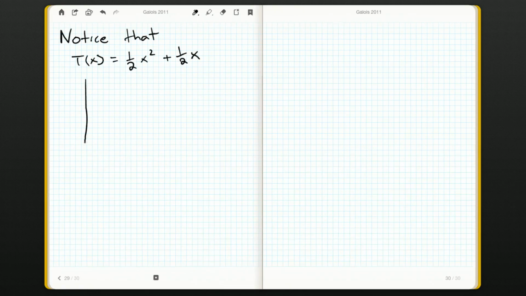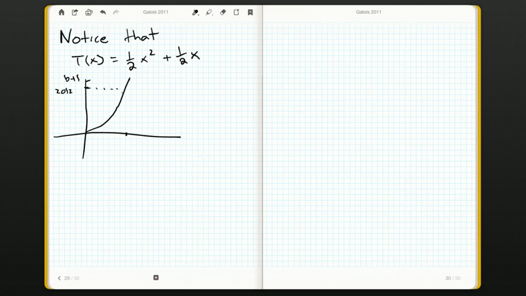So as a graph, this is a parabola that is always increasing. So we have 2012 over here, we have b plus 1 over here.